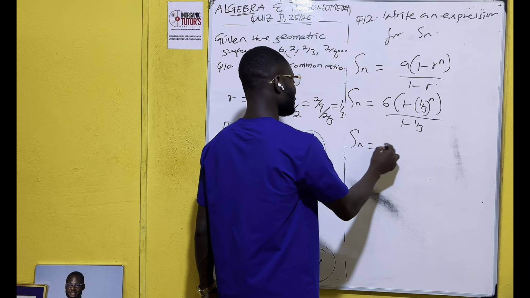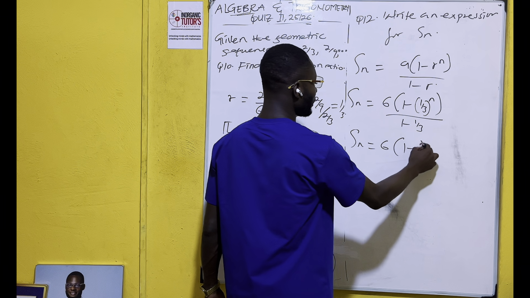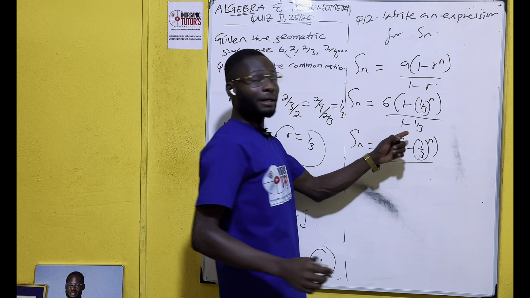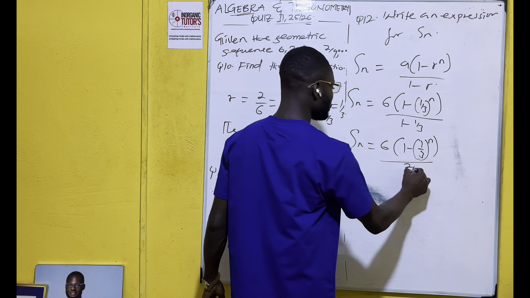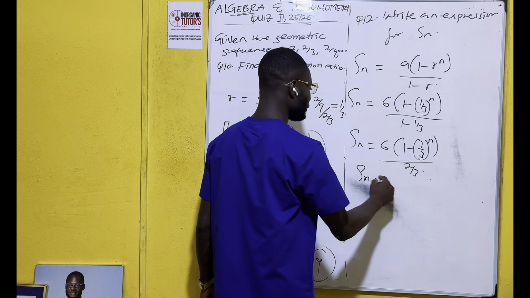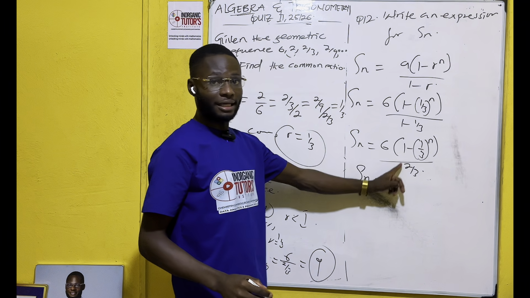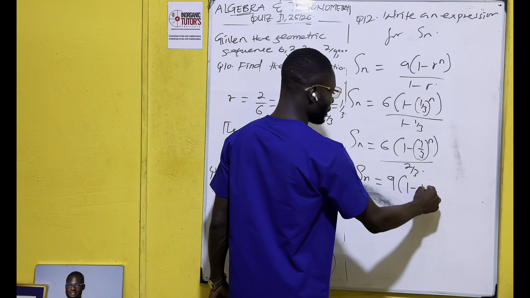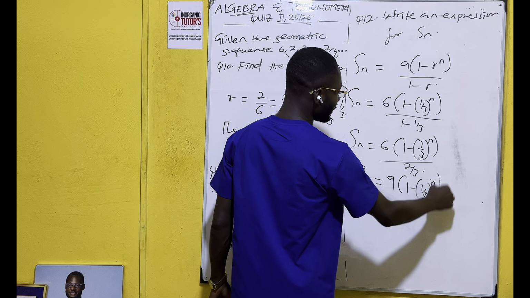So our Sn is equal to 6 into 1 minus 1 on 3 to the power n, divided by 1 minus 1 on 3, which is 2 on 3. So when we reciprocate this, you are going to have 9 into 1 minus 1 on 3 to the power n.